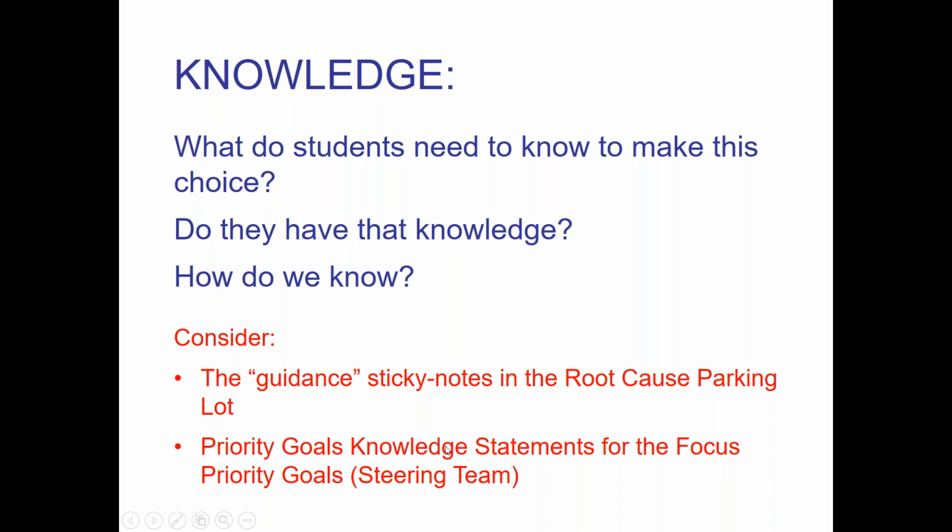So as a steering team member, you could also be thinking, yeah, we said that for kids to make this choice, they needed to know A, B, and C, and then you could bring that into the discussion as well. Our steering team, as we brainstormed this, thought that kids might need to know this and this. And then, do they know it? What evidence do you have that the kids have this knowledge or don't have this knowledge?